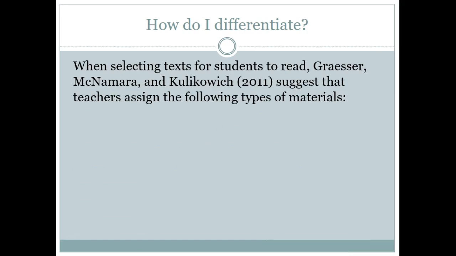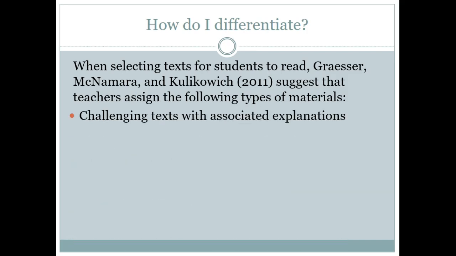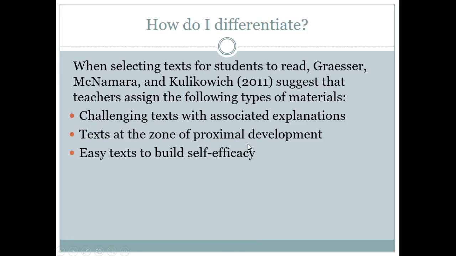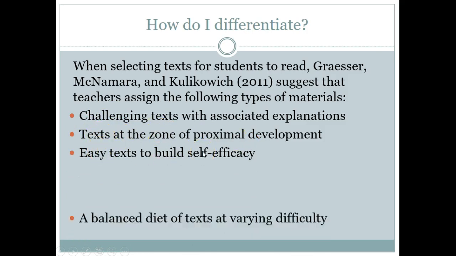So how do you differentiate? It comes down to your text selection a lot at the upper level there. So, you can provide more challenging text with some explanation of it if you have students who need to be pushed more even. Making sure texts are at the zone of proximal development, and even bringing in easy text that builds self-efficacy.